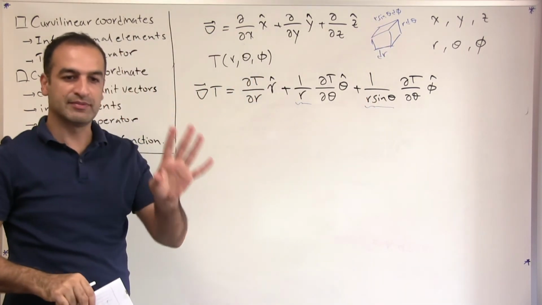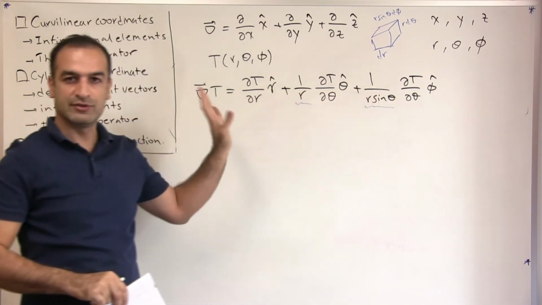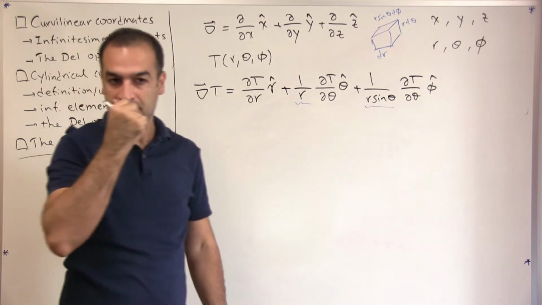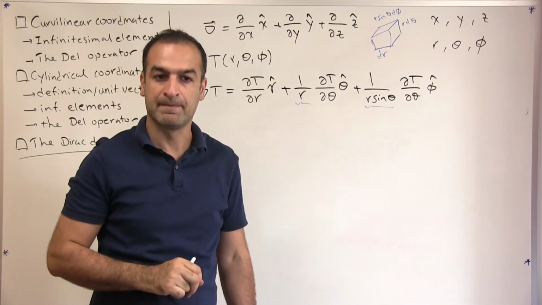But Professor, I don't expect you to do that. What I want is for you to understand this and then follow this equation whenever you need it to take the derivative, gradient, or divergence and whatnot.